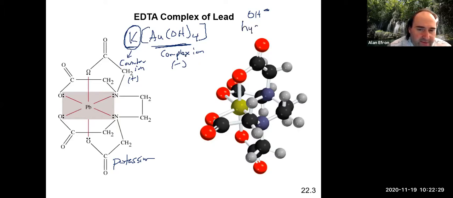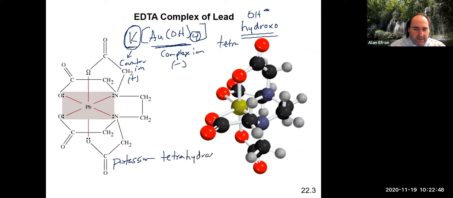And hydroxide, as we'll see shortly, has a special name known as hydroxo. There's actually 4 of them. So the prefix for 4 is tetra. So putting that together, we get potassium tetrahydroxo.